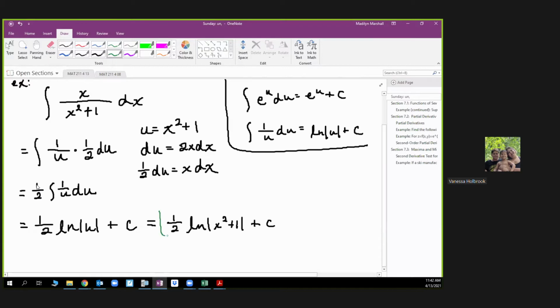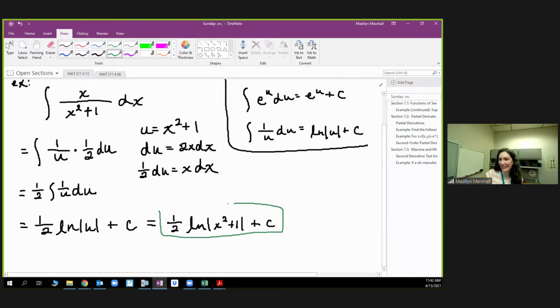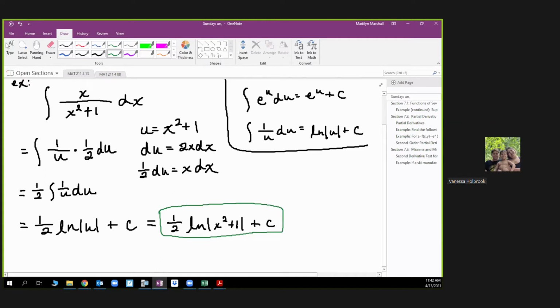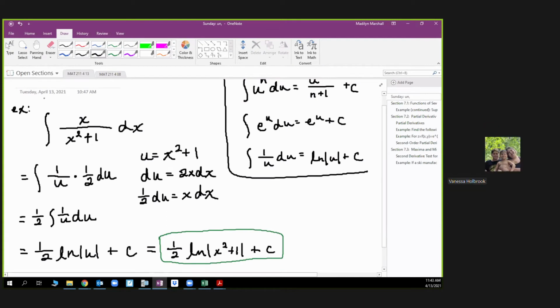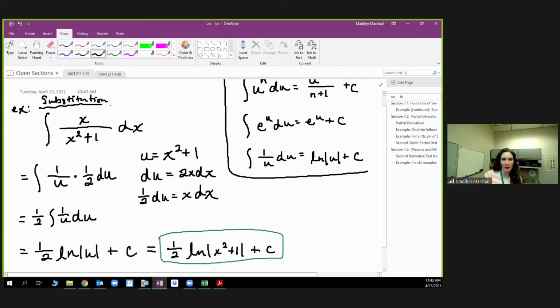It's been a while since we've done those. Okay, so this is an example of a substitution problem where we have to get everything in terms of u first, and then integrate and go back to our original.